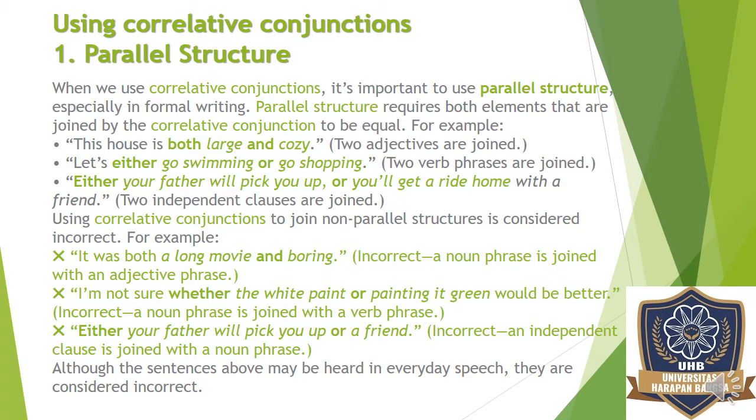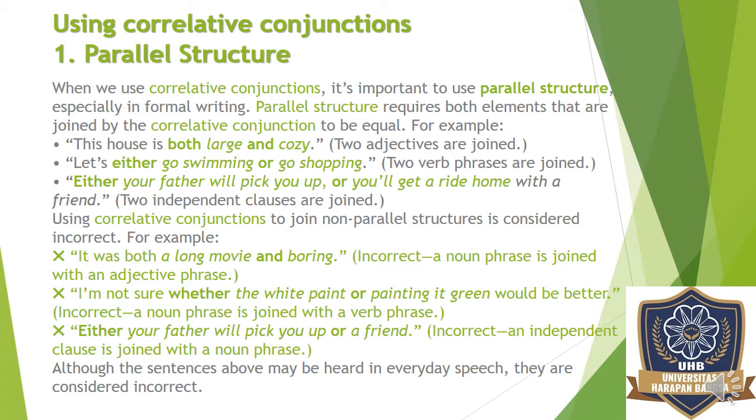Number 3, either your father will pick you up or you will get a ride home with a friend. In this sentence, two independent clauses are joined by or. Using correlative conjunction to join non-parallel structures is considered incorrect. For example, it was both a long movie and boring.